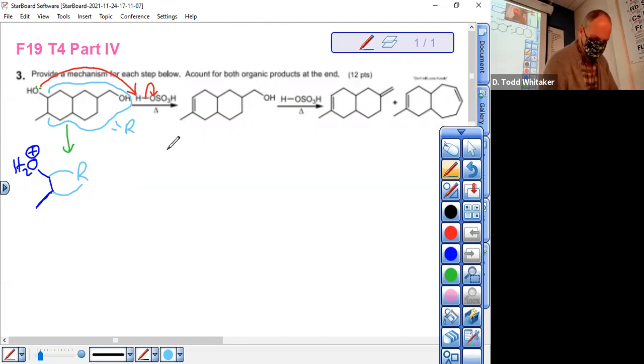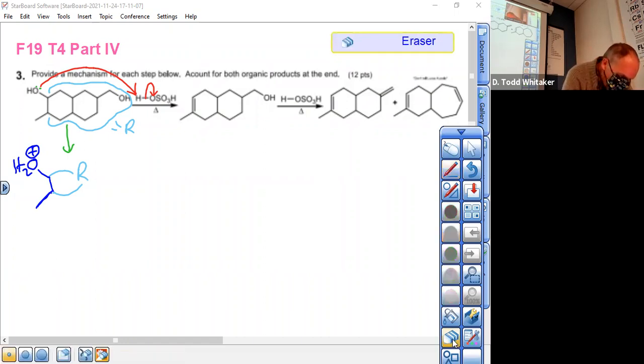There we go. And now, the question is, do you want to do an E1 or an E2? And with a secondary or a tertiary, I hope you want to go with the E1. And it's a secondary RX, right? Secondary. So carbocation, I want to see.